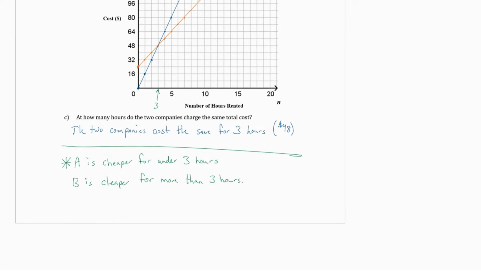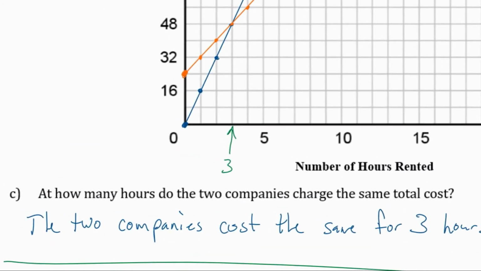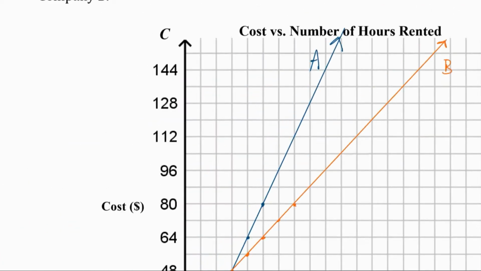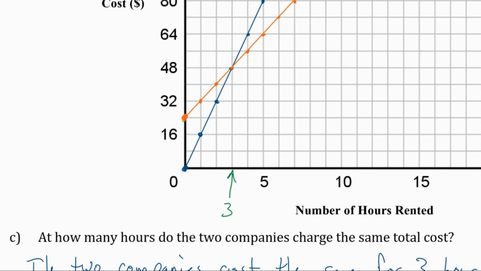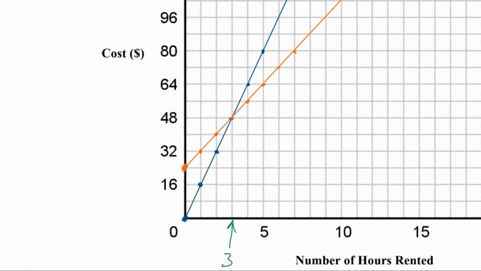Okay, what I forgot to say was, when we did the first one, company A, the blue line, I made a big deal about how going up by 16 doesn't necessarily mean going up to 16, right? It did in this case because I started at 0. Well, I wanted to compare these and say, hey, look, company B, the orange line, is going up by 8.